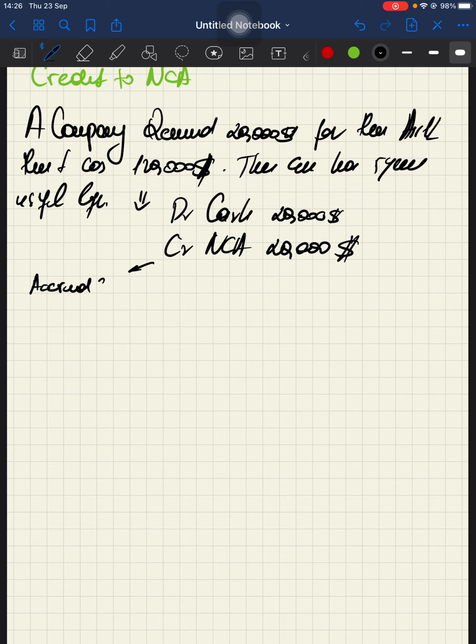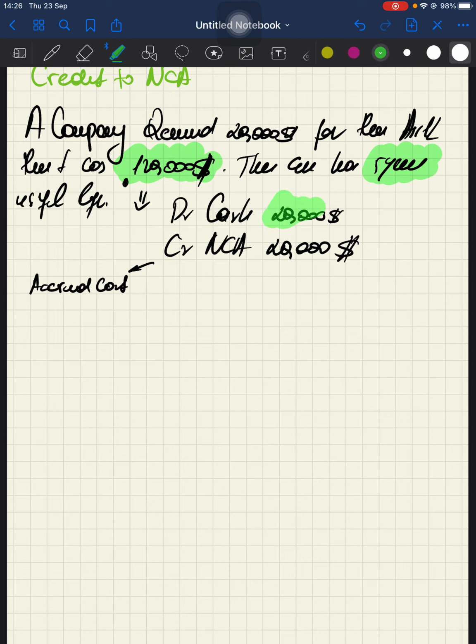If we had not purchased this asset, which has cost $120,000 and has 5 years useful life, we would not be able to receive this $20,000.